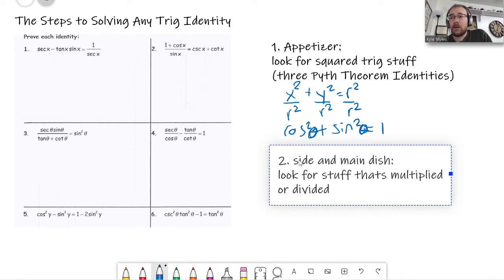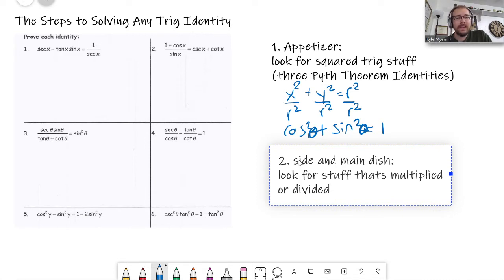For instance, in number 1, tangent times sine, there could be something I could do with that if I change sine and cosine around. We'll get to that in a second. But we want to look for stuff that's multiplied or divided.